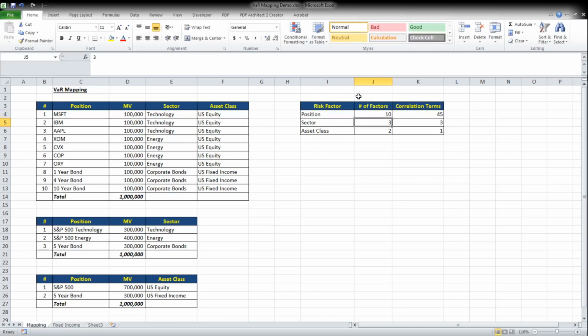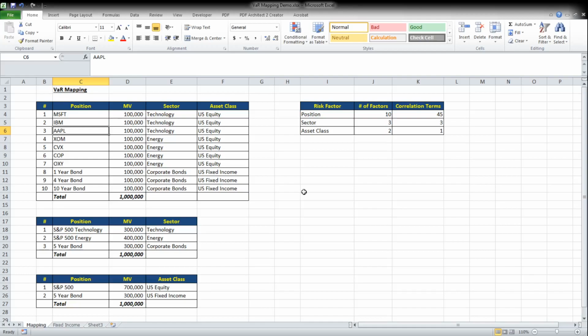So, another reason why you would want to map individual positions to general or broader risk factors is that you may not be able to properly assess a risk of a particular security. Let's say there was a technology stock in our portfolio that doesn't have too much history.